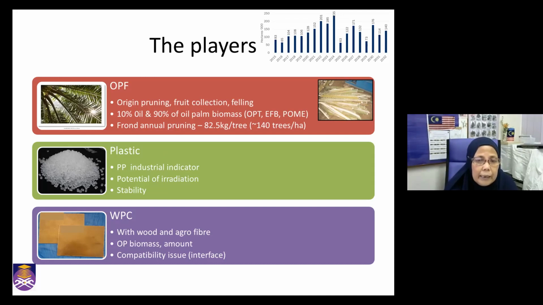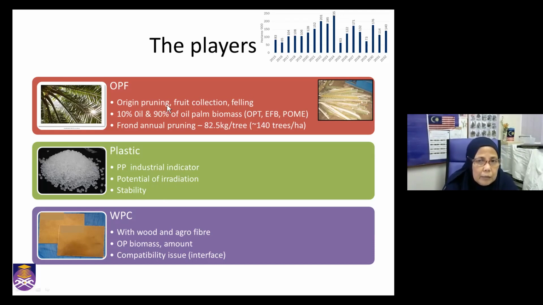The plastic that we choose is polypropylene. Basically it is a material that is stable when we use it outside, because you will get UV irradiation and stuff like that, and we want a material that is stable.